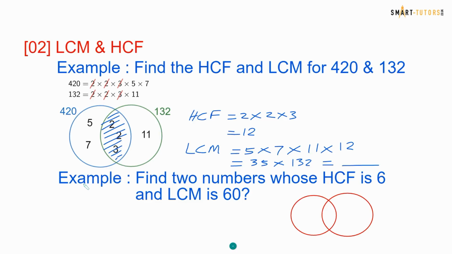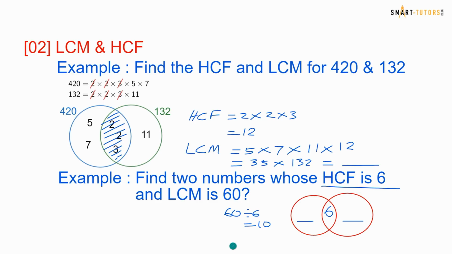Find two numbers whose HCF is 6 and LCM is 60. HCF is 6 means that the middle number is going to be 6, because HCF is always in the middle region. LCM 60 means 60 divided by 6 is 10. So this number times this number is going to be 10.